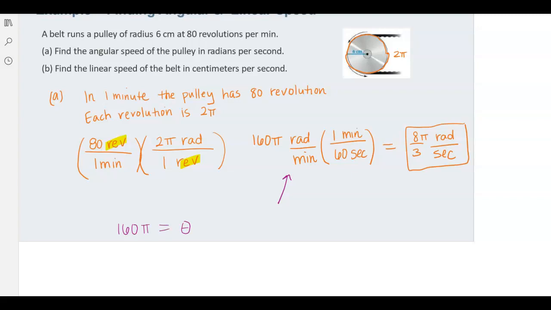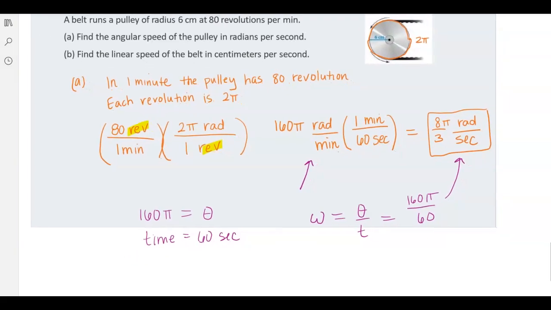And the time was 60 seconds. So another way to think of this is omega equals theta over t. 160 pi divided by 60, and we'll end up getting that same answer. So the first way we're doing unit conversion, the second way we're using that formula that was given to us.